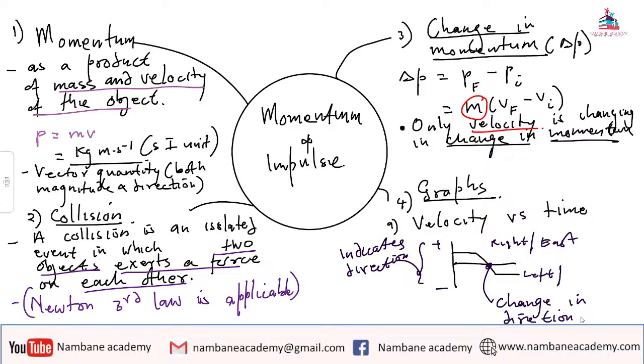I will come back again to this graph to explain issues of impulse relating to velocity versus time. So velocity versus time is going to be one of the very important graphs that each and every one of us must be able to interpret.